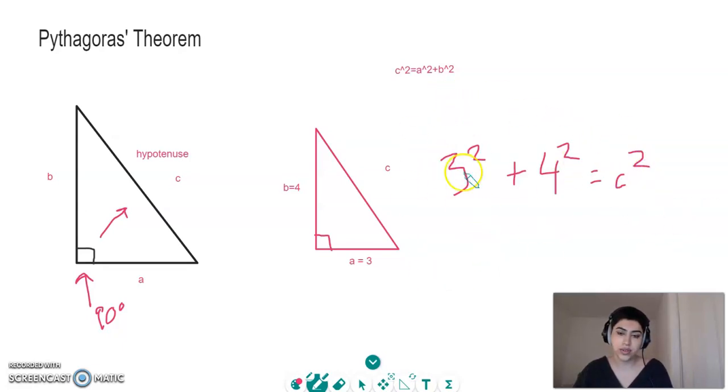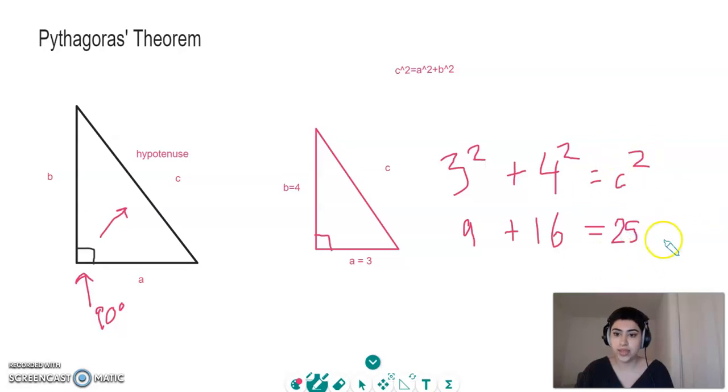We figure out 3 squared. You can use your calculator to do this, especially when we have bigger numbers. You'll probably need to use your calculator to be able to square. So 3 times 3, we've got 9. Then plus 4 times 4, 16, equals 9 plus 16. We work that out to be 25.